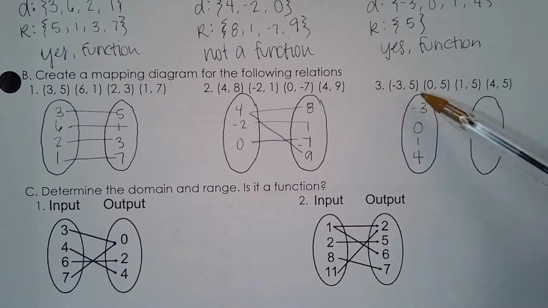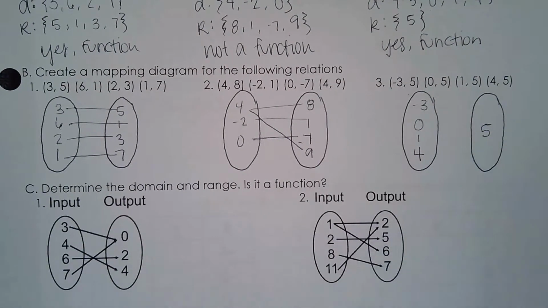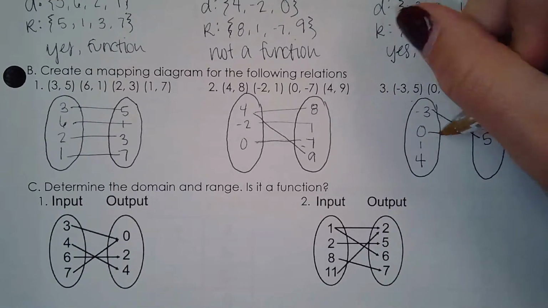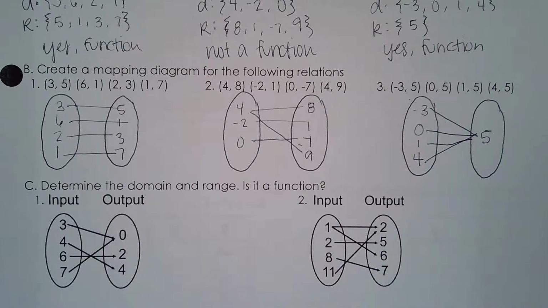So all the range values are the same, right? So we can just write 5 once to make our connections. Everything's going to go to 5, right? So -3 to 5, 0 to 5, 1 to 5, and 4 to 5. So that's again showing us all these different airplanes going to the same airport. And is that okay? Yes, that's fine. So that one will be a function. Questions? We all good? Yep.